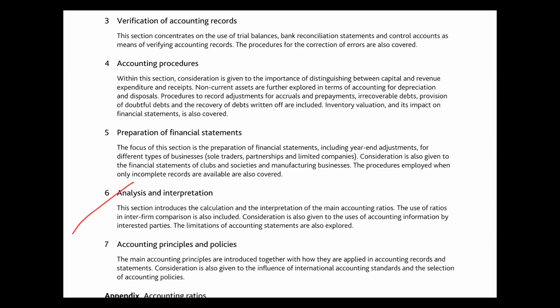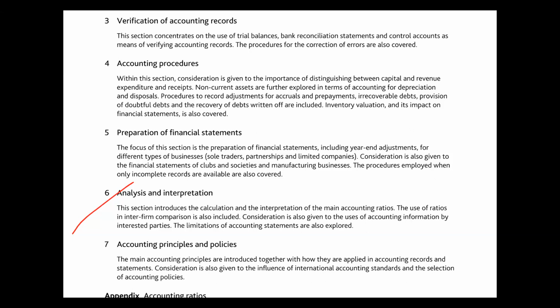The accounting ratios have got this focus. The focus thereof is to look at financial statements that have already been prepared, right? Mainly the statement of profit and loss and the financial position. They have already been prepared. So what you need to do now is to extract the information.